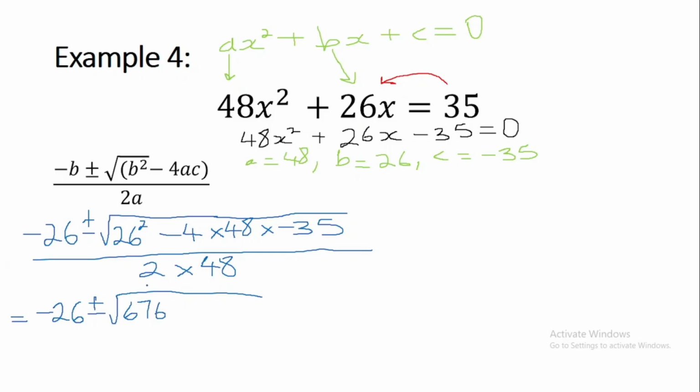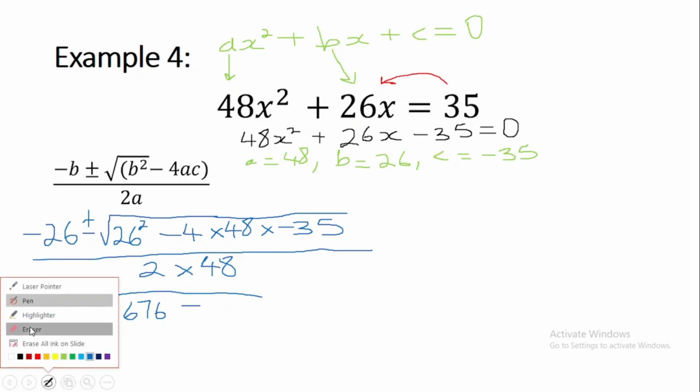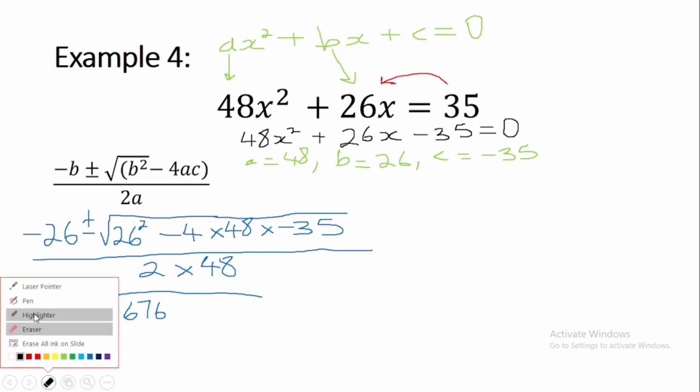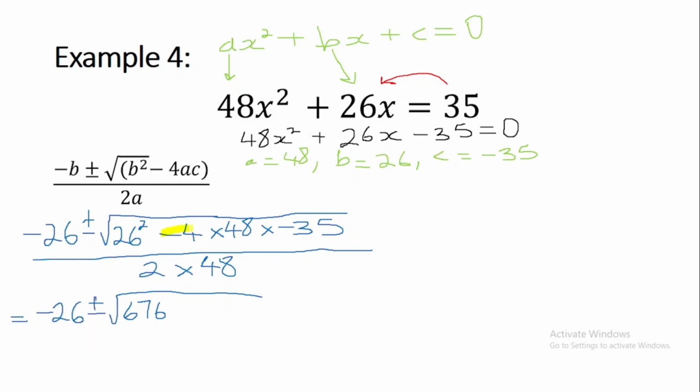I shouldn't put the minus sign as yet, because I'm going to multiply everything out.